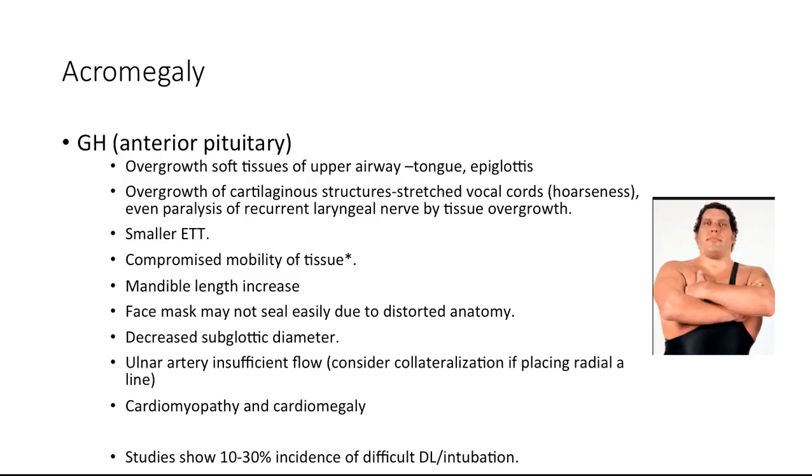So the Allen's test becomes critically important. And I know in my life, where we do a lot of those procedures, I've at least one time not put a radial artery line in at all, just based on the poor collateralization from the ulnar side. So remember, it's not necessarily going to be your best option. There's cardiomyopathy, EKG changes, difficult mask ventilation. All of these things are to be expected, okay?